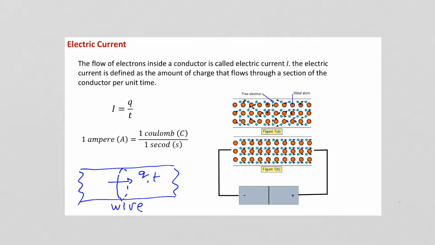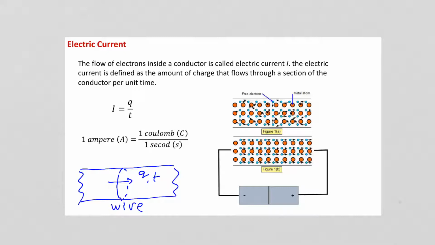So how can the electric current be calculated in a circuit? Well, if this is the wire in which the electrons flow, if I can count the amount of charge that flows through a cross-section of the wire for some amount of time and take the ratio of the charge to time, that will give me the electric current in this wire.